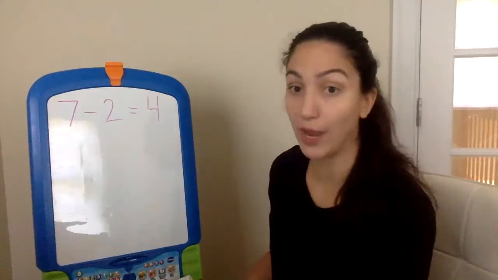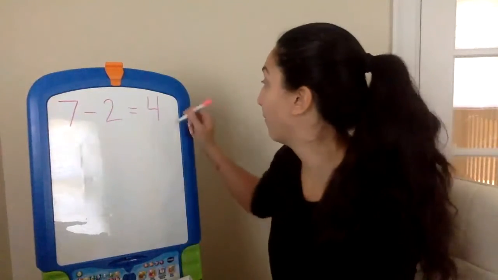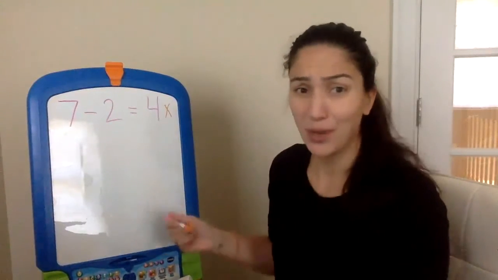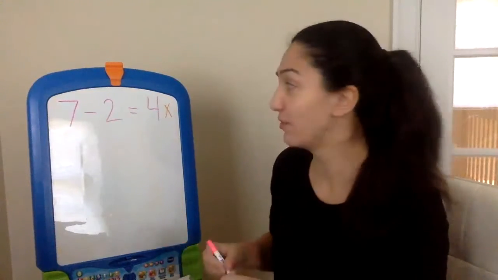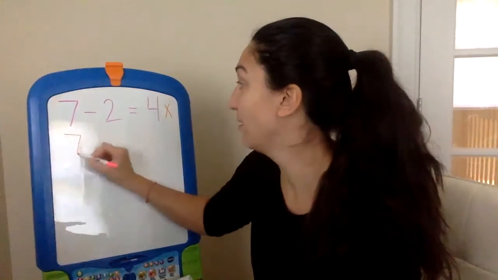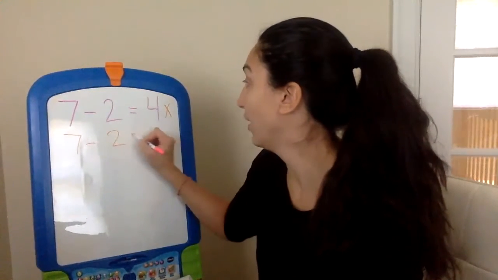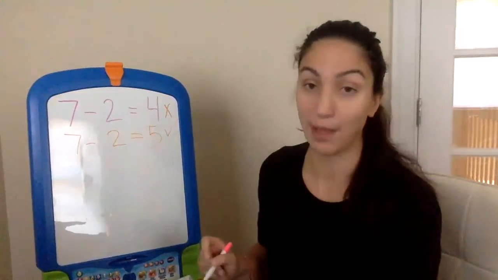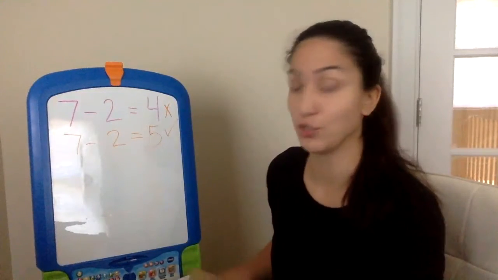So you are right. This equation is false. And I'm sure a lot of you said, Mrs. Kudanis, this equation is false because 7 minus 2 equals 5. And that's one way to think about it and one way to make this equation true.